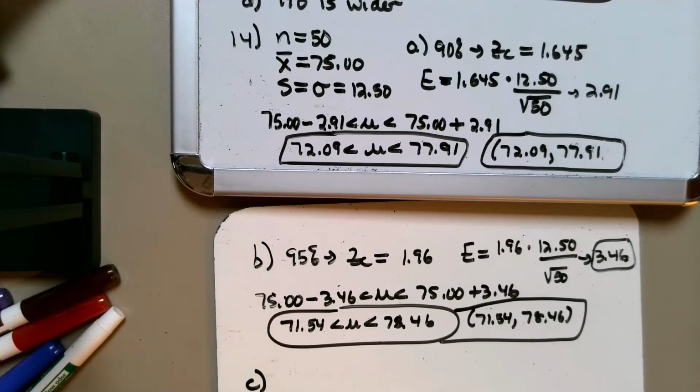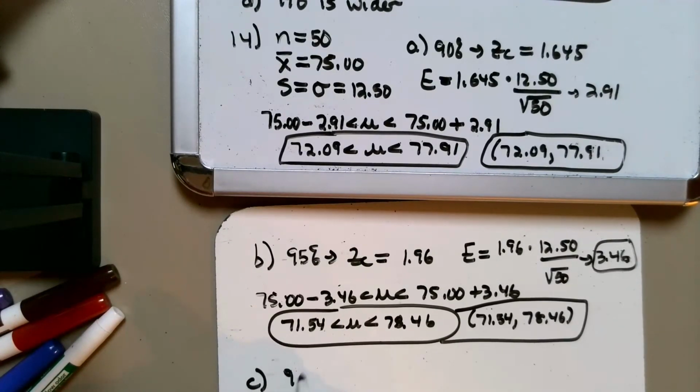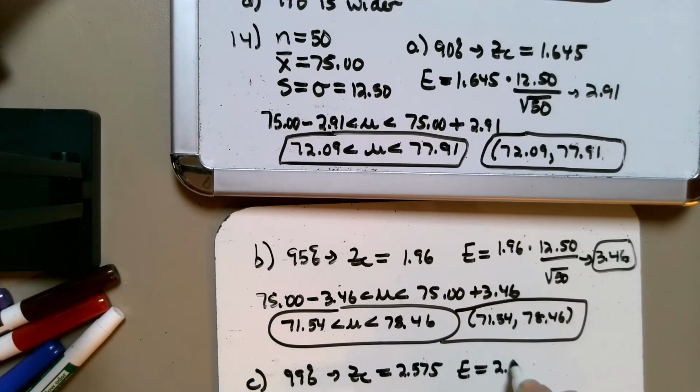And one more here. C says let's do a 99% confidence interval. Our critical value for 14C for 99% confidence is 2.575. So again, first calculate the margin of error: 2.575, Z sub C, times the standard deviation, 12.50, over the square root of the sample size, 50.